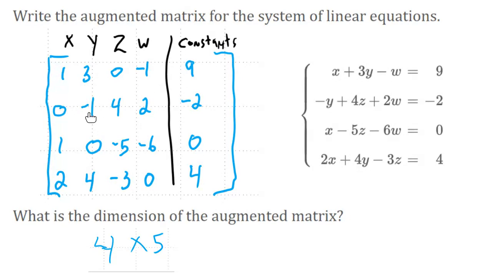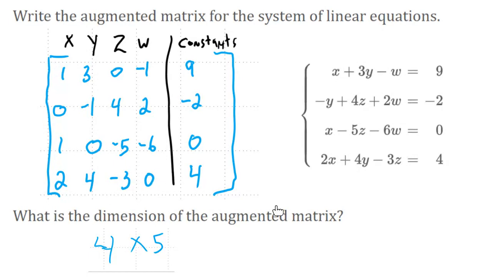We have -1, 4, 2 equals -2. The third line, we have 1, we have no Y, so we have 0, -5, -6 equals 0. And the last line, we have 2, 4, -3, we had no W, so it'd be 0, equals 4.